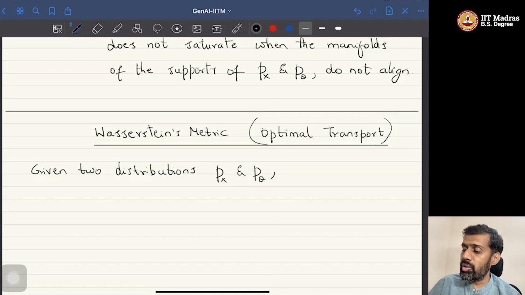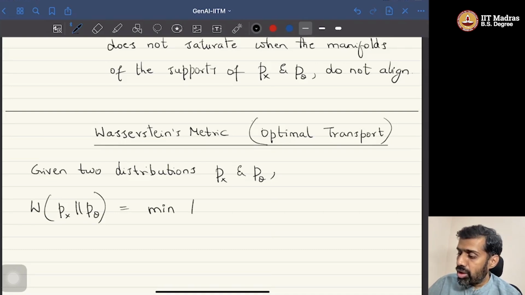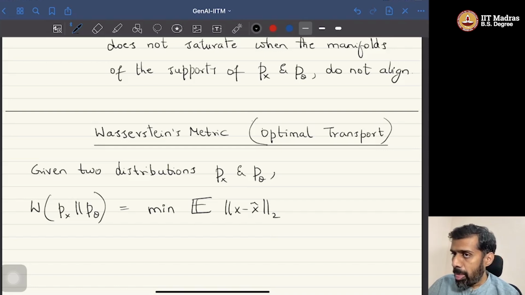Okay, so if you are given two distributions with the corresponding density functions px and p theta, the Wasserstein's metric, which would measure how close these distributions are, between px and p theta is defined as the minimum of the expectation of the distance between x and x cap, where x and x cap are drawn from some joint distribution gamma.